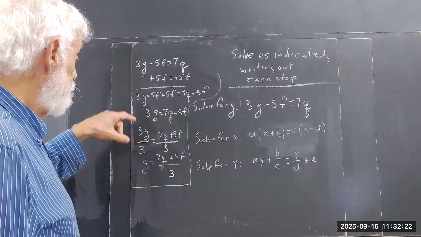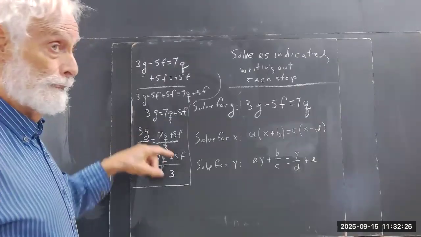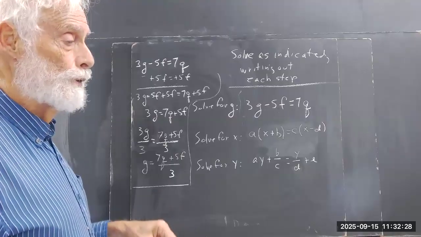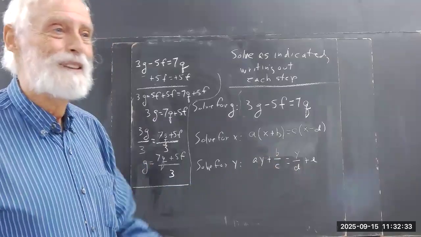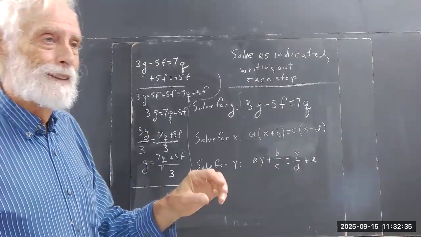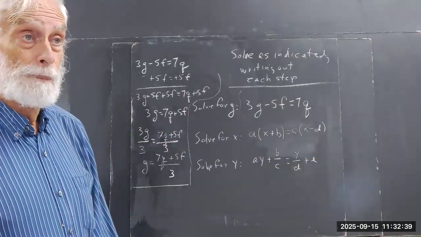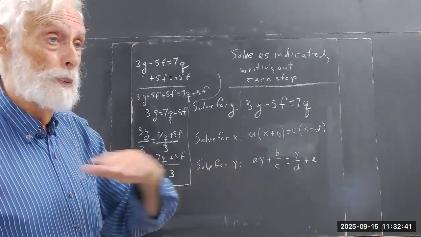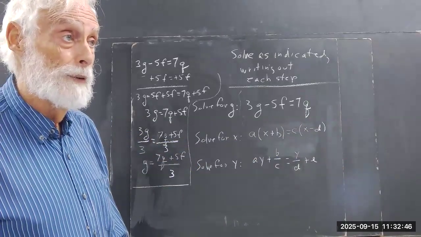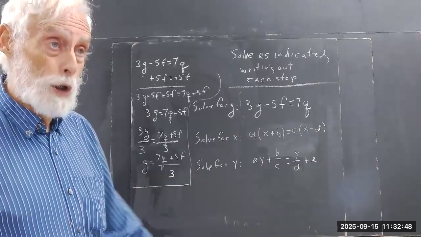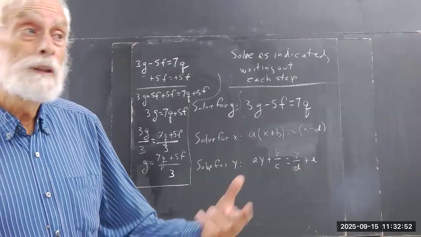And then divide both sides by 3. Don't just say divide by 3, divide both doggone sides by 3. Otherwise, you get that common error where you divide one thing by 3, but not another. Every term in the whole equation has to be divided by the same number. Otherwise, the equation no longer has the same solutions. It's no longer the same equation.